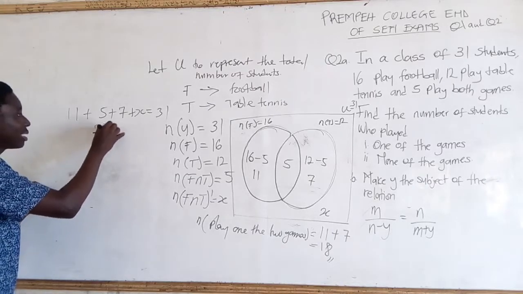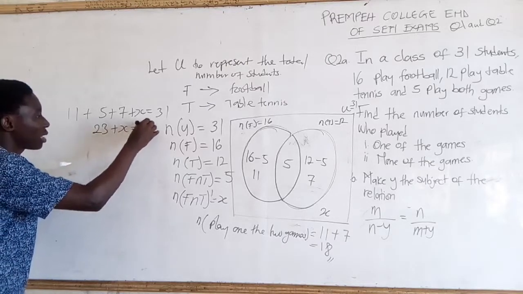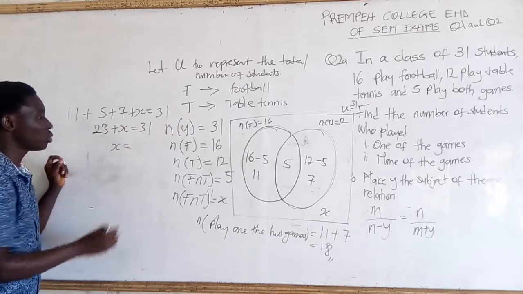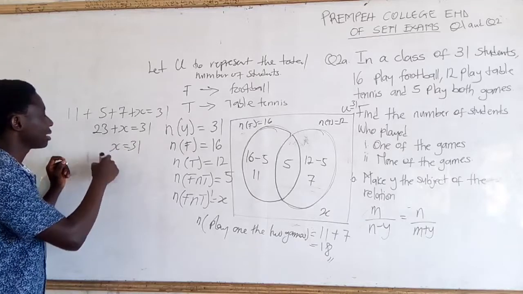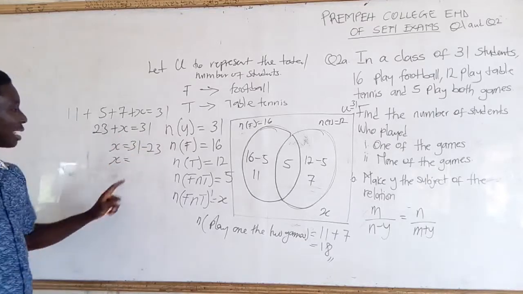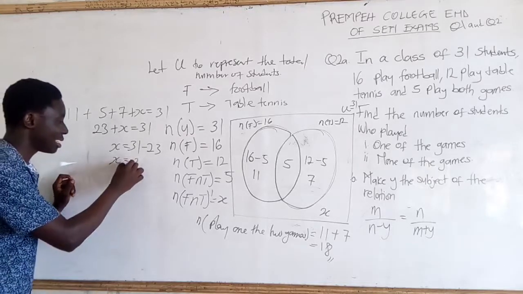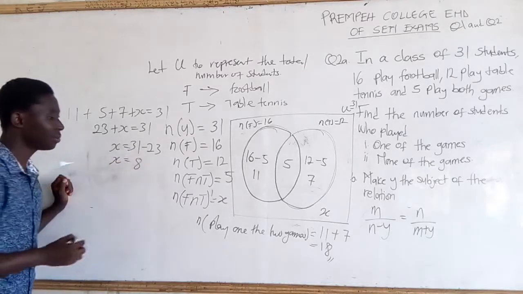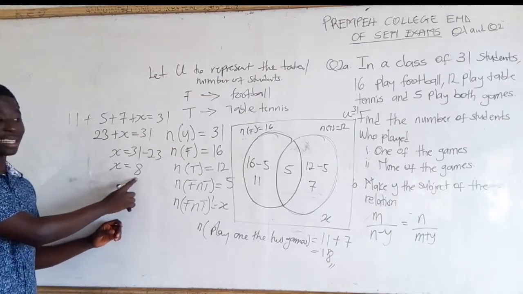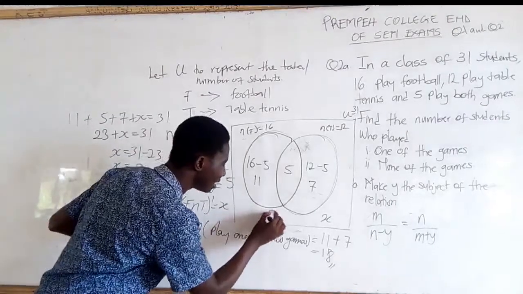So 23 plus x is equal to 31. Now let's make x the subject here. So x is equal to 31 minus 23, which gives x equal to 8. Now the complement is 8.